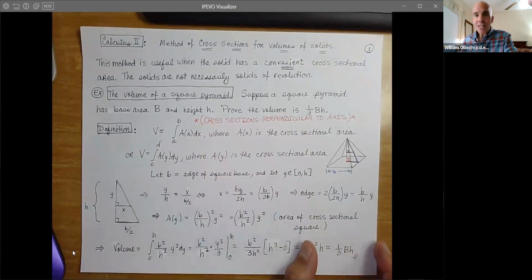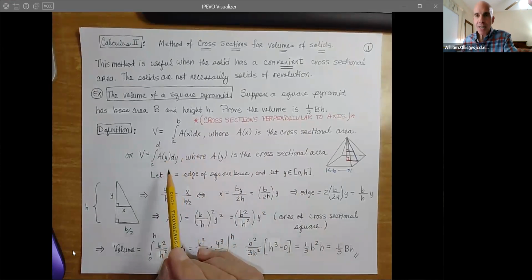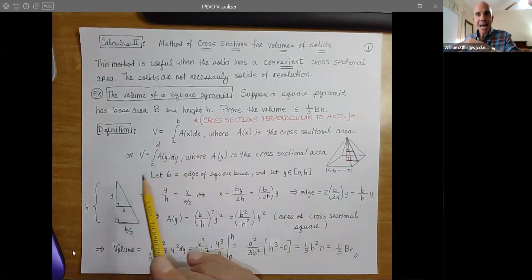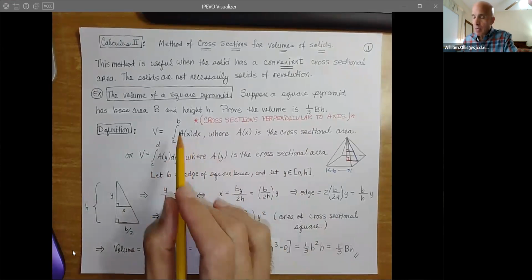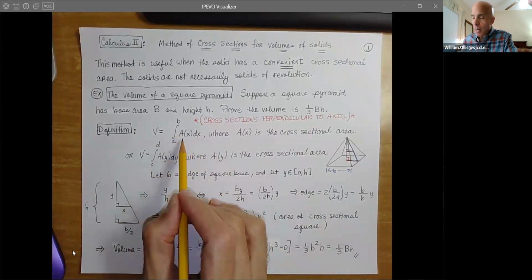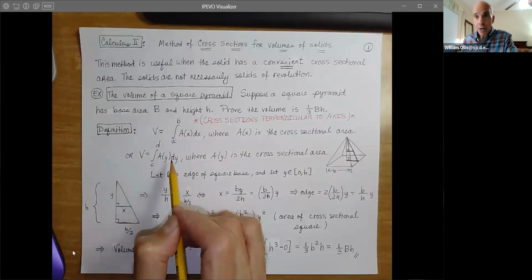What's nice about this method is that the formula for the volume is just a stacking method, like stacking squares or whatever the cross-sectional area might happen to be. All we have to do is integrate the formula for the area of the cross section over the interval of integration.